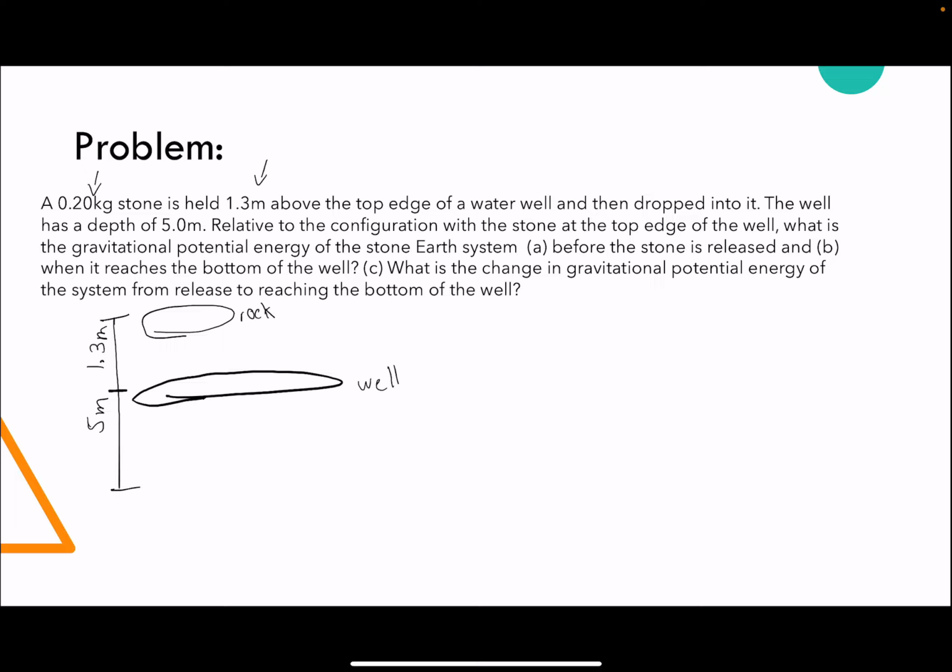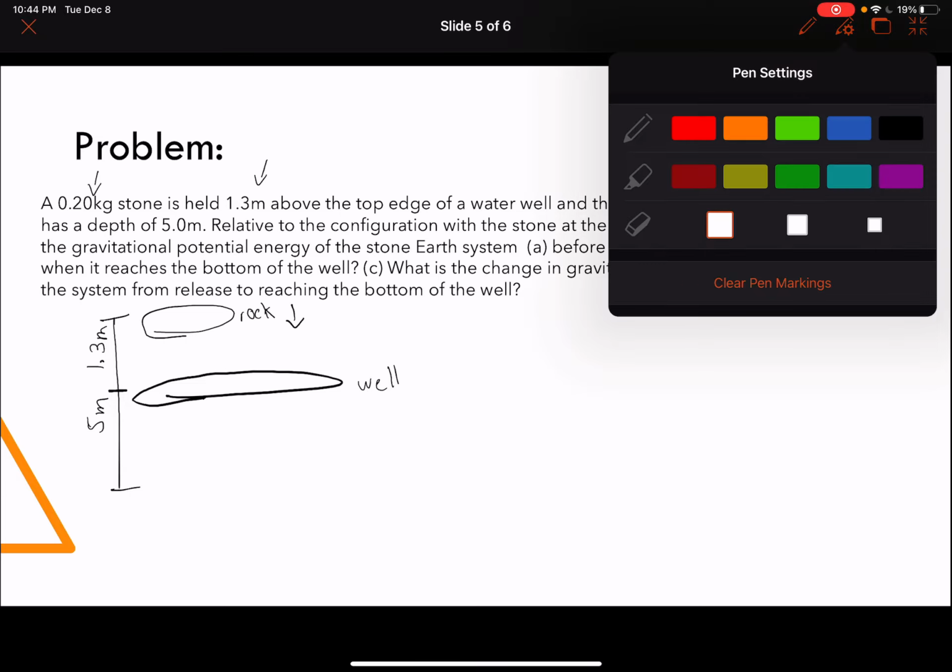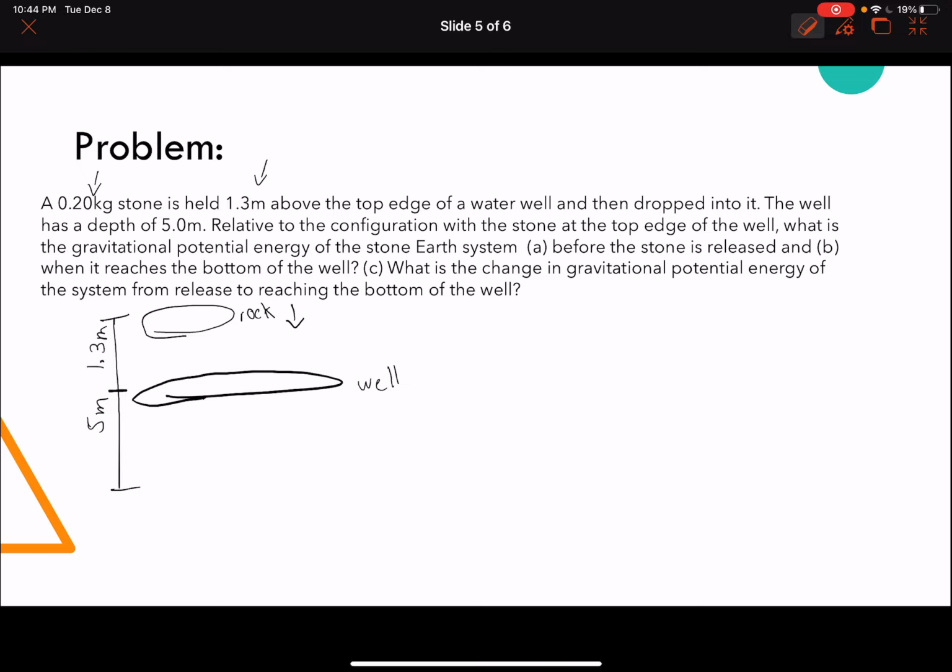Okay, so we're going to release our rock, and it's going to start falling, and then we're going to have some changes in energy that come from that. So our first height, we don't want to be tricked here. Our rock has a total height of 5 plus 1.3, which is equal to 6.3 meters, our initial height.